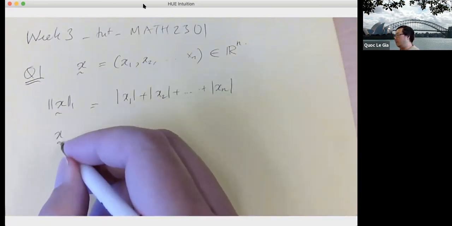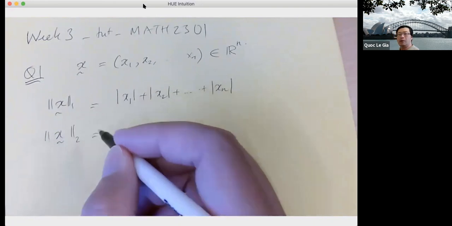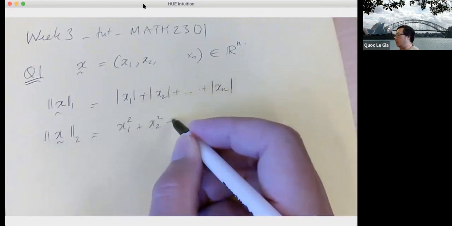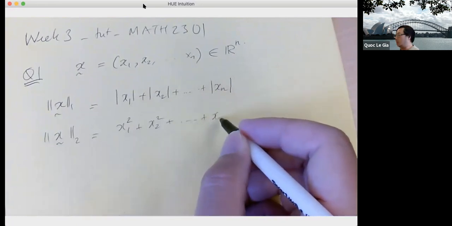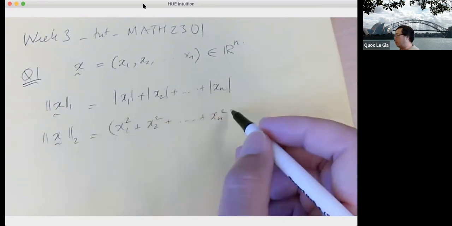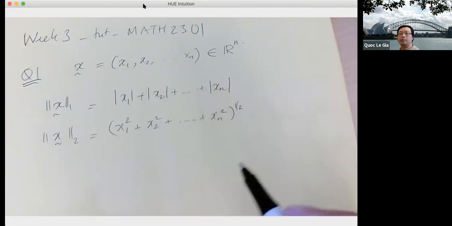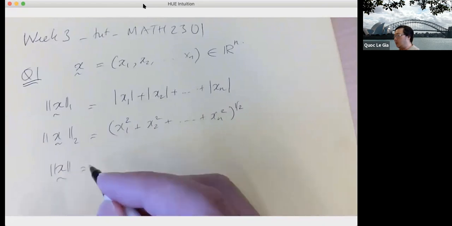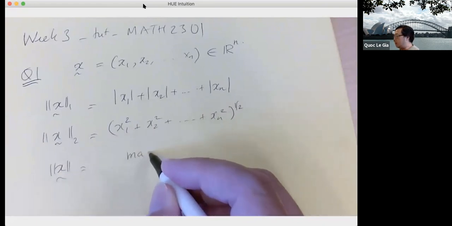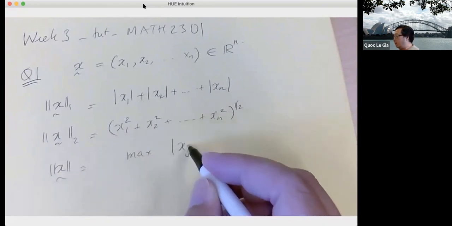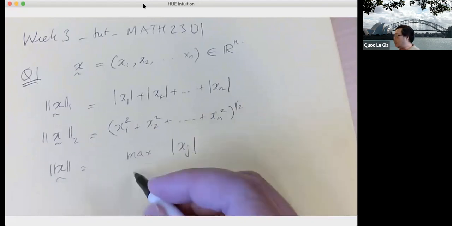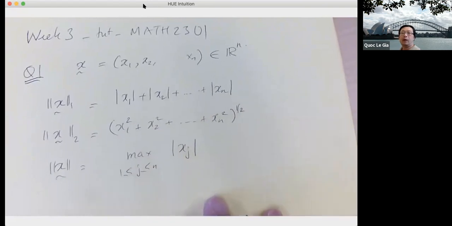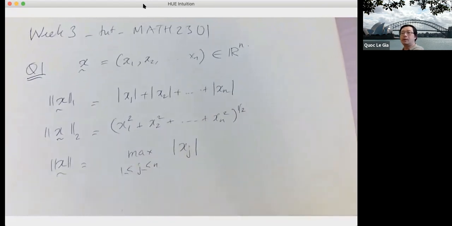The two norm is just x1 square plus x2 square up to xn square, and do not forget the square root. And then what is the infinity norm? The infinity norm is just the max of all the entries in absolute value, j from 1 to n. Okay, so that's the definition.